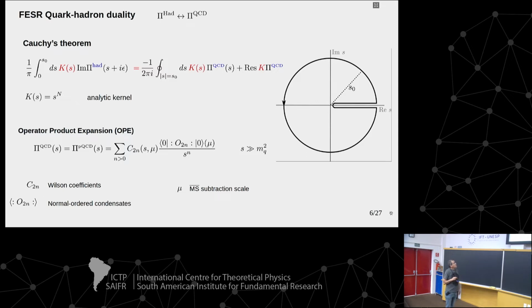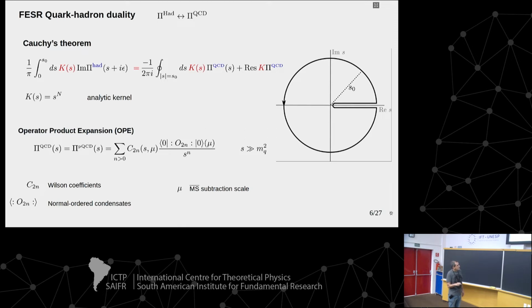And then we use the operator product expansion. So this is not equal, it's plus, okay. So we separate the perturbative QCD plus the operator product expansion. And those operators, time-ordered operators, are the condensates, and here are the Wilson coefficients.